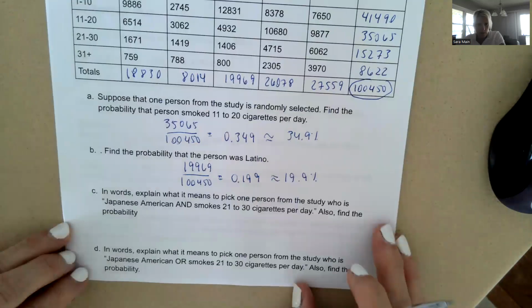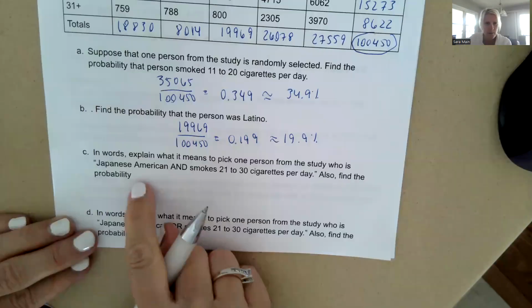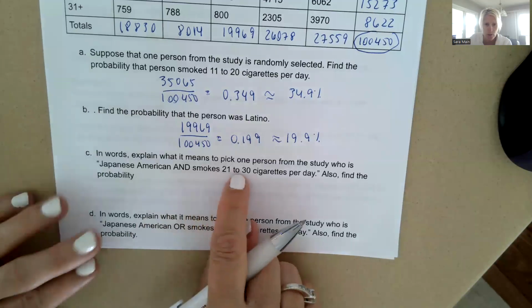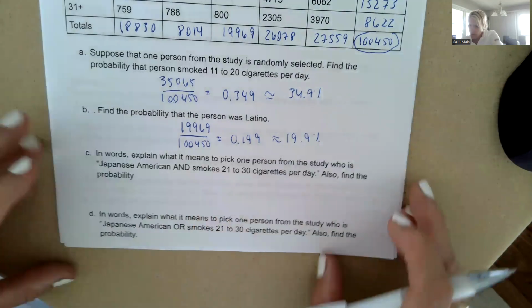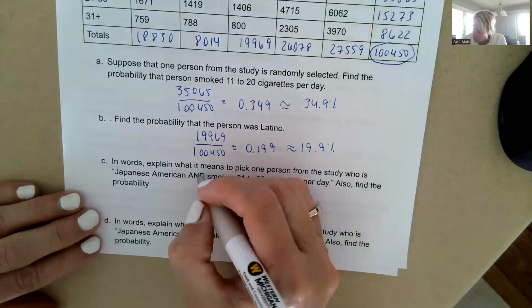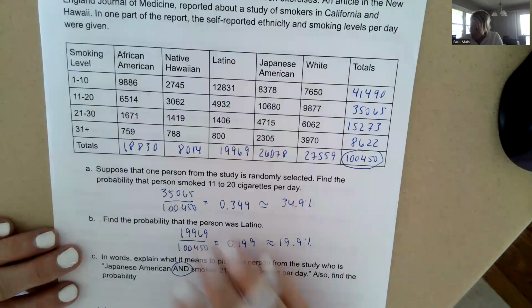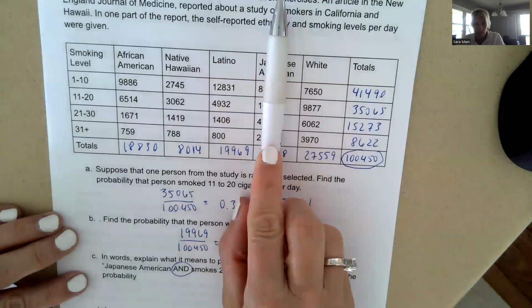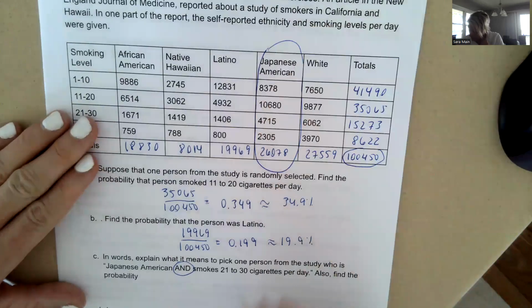And then C says, in other words, explain what it means to pick one person from the study who is Japanese American and smokes 21 to 30 cigarettes per day. Also find the probability. So they have to do both. So that would be Japanese American, so right here, Japanese American.